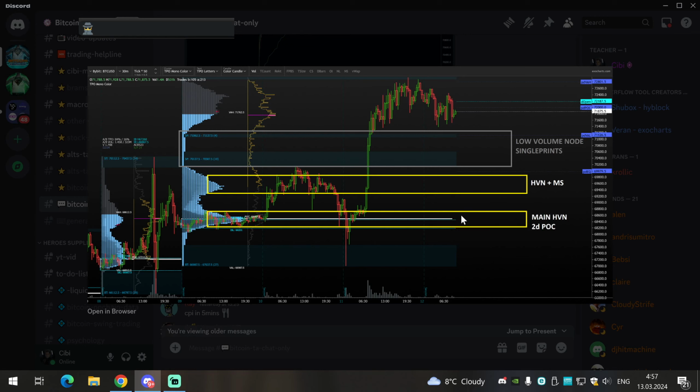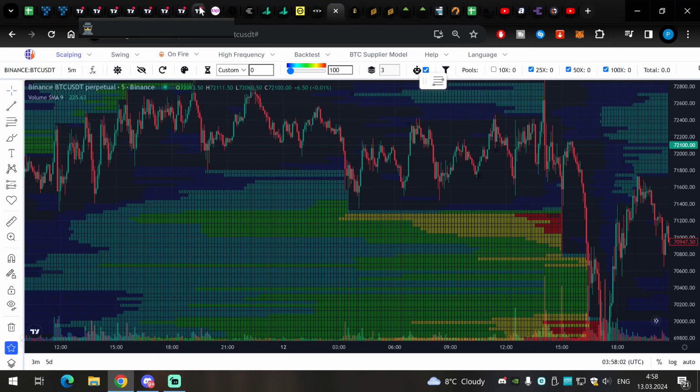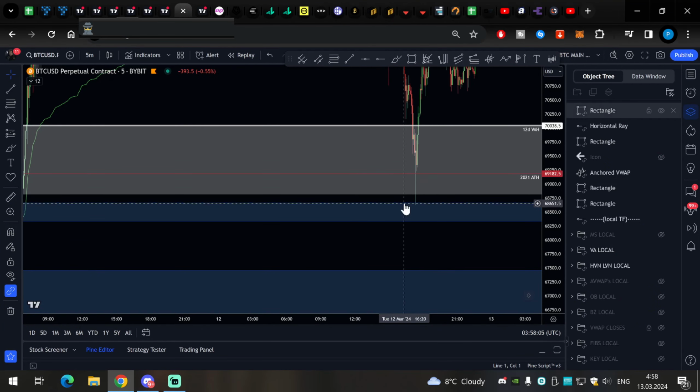You know why I mark the areas? You must mark the areas on Bitcoin. Precise levels are great, but you need to know this is an area, because what happened? Bitcoin didn't touch 68,400, but found the bottom at 68,600. Yes, we can see that on the charts. So all the people waiting at 68,400 were left behind.